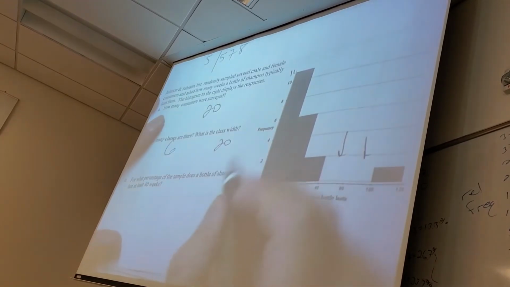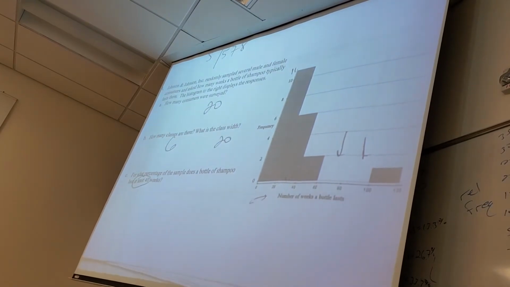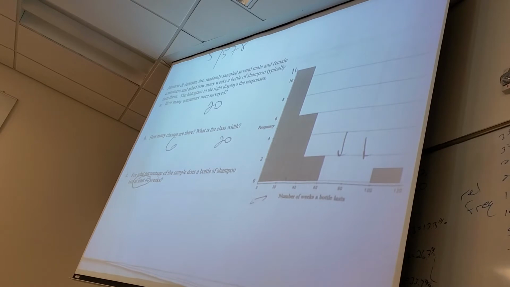And now, this question, you have to know what at least means, right? And it's not your fault. Do you know what the word of means in math? 20% of 75. What does of mean? What operation? How would you do 20% of 75? Times, right.